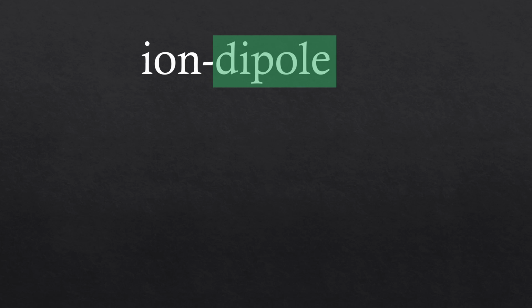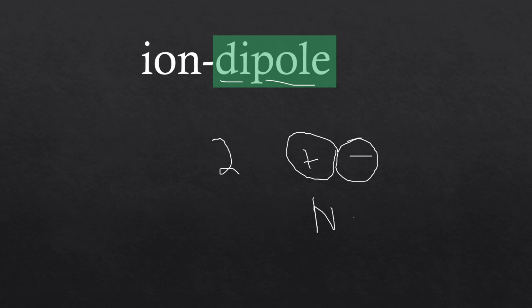If we talk about the dipole, basically the word di means two and pole means the positive or negative part, or charge, or side of the molecule. As I told you, the Na is positive and Cl is negative.